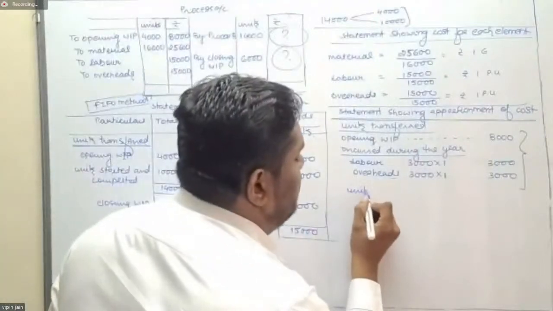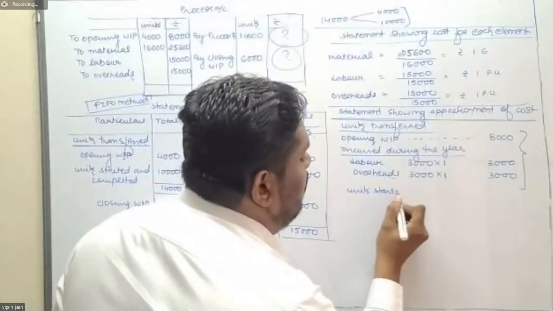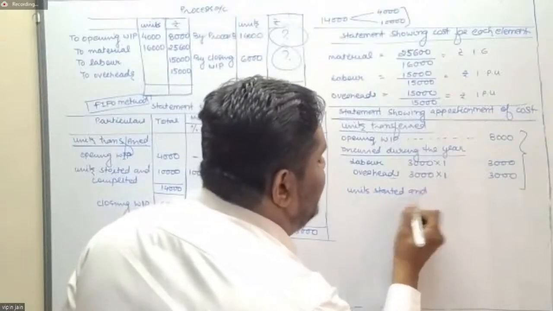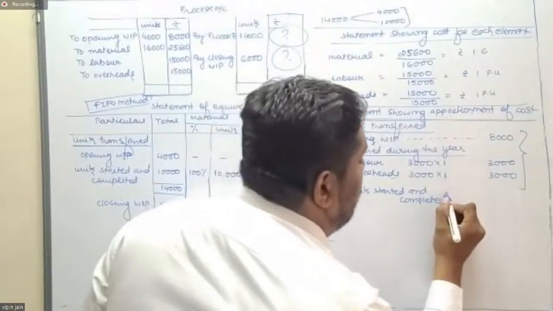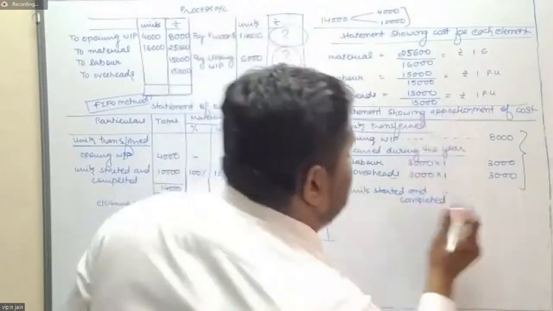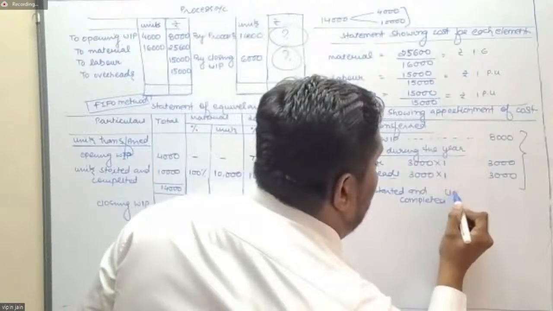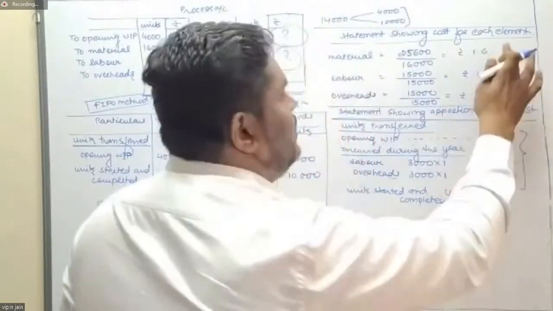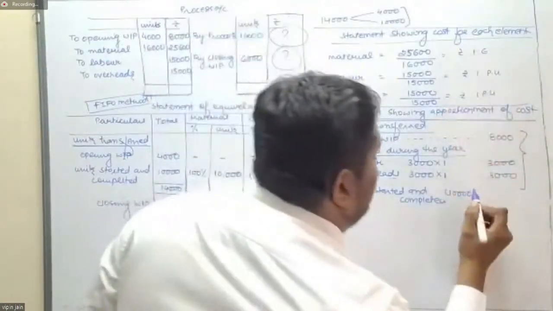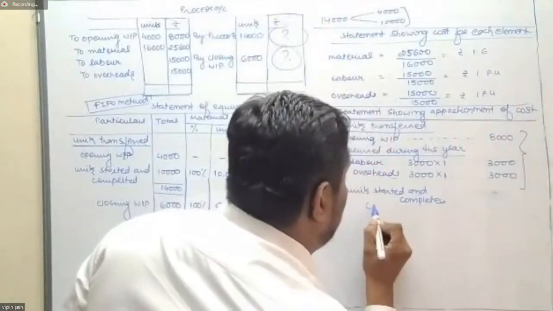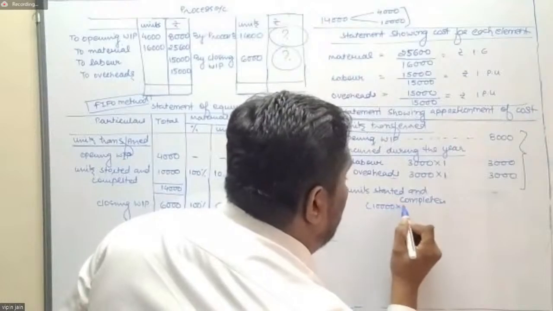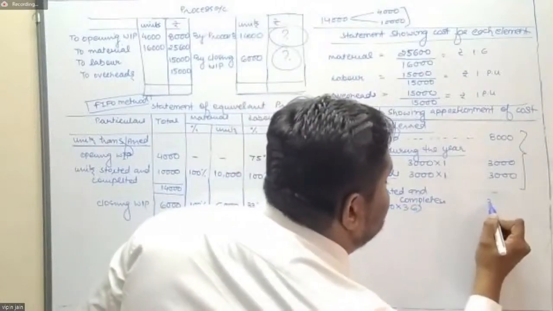So units started and completed, that is 10,000 units into the cost will be 3.6. That is 36,000.